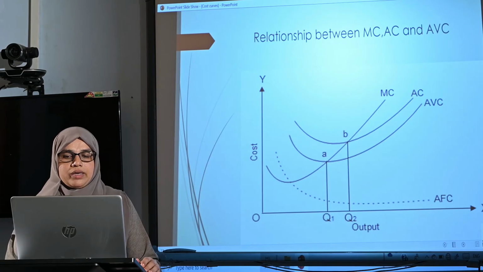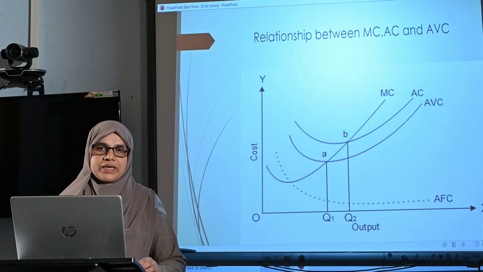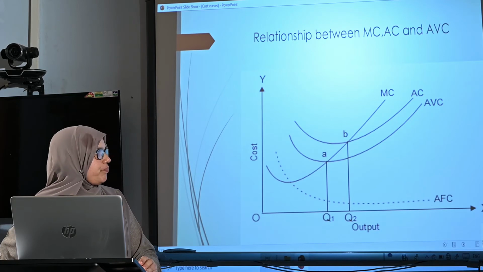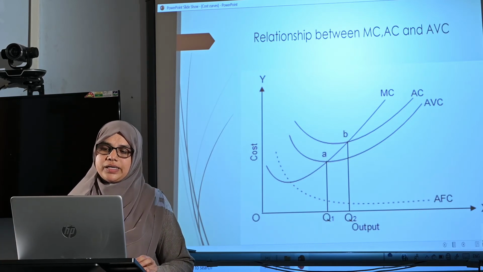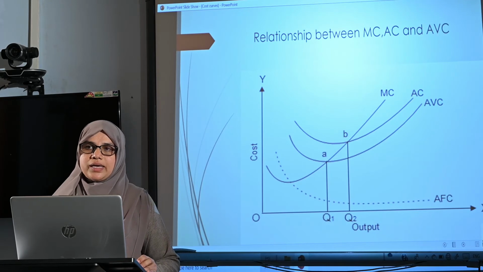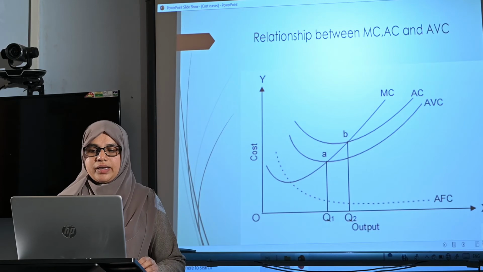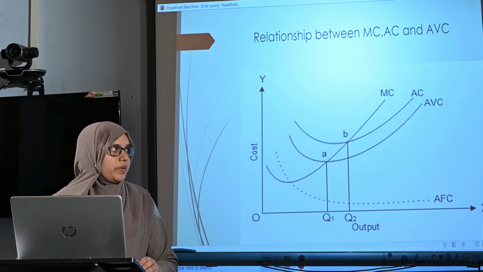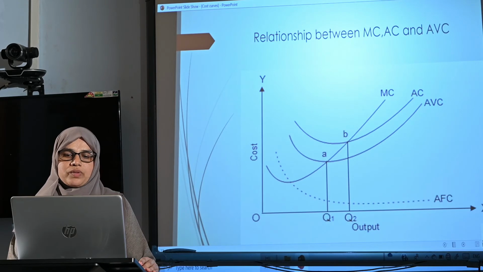When average cost curve and average variable cost curves are falling, MC lies below AC and AVC, and when AC and AVC are rising, MC is greater than AC and AVC curves, and MC is passing through the minimum point of AC and AVC curves.